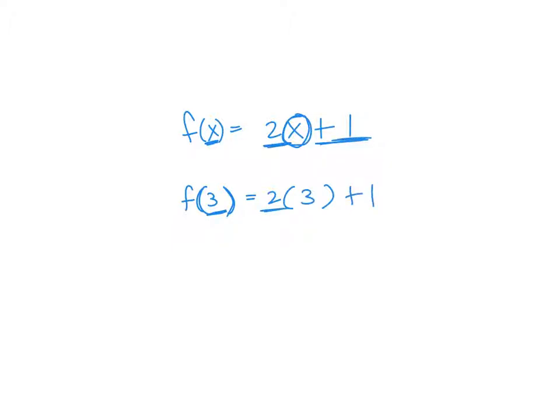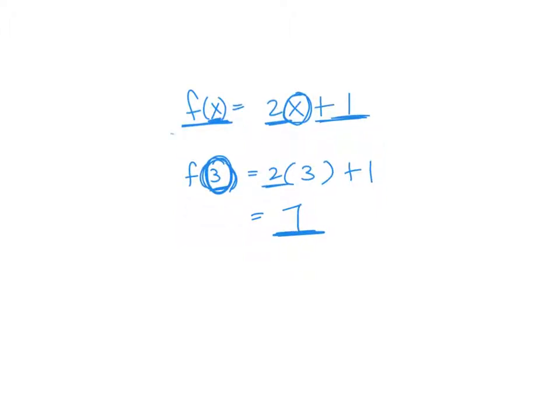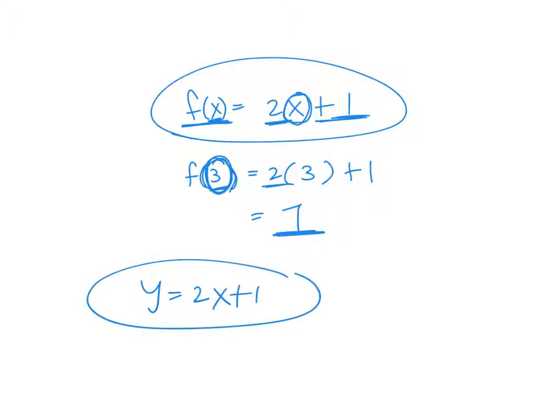That's the rule. So 2 times 3 is 6. 6 plus 1 gives me 7. Do you see this notation? The function notation tells you what you have for your input and what you'll get out for your output. We could rewrite this whole thing as y equals 2x plus 1, and it would give me the same thing.